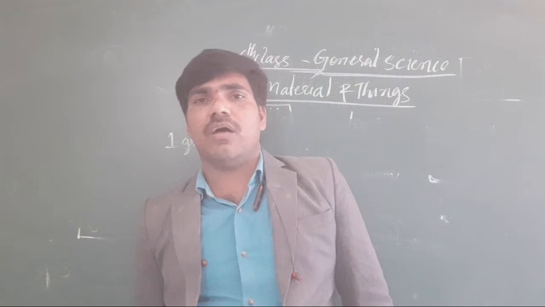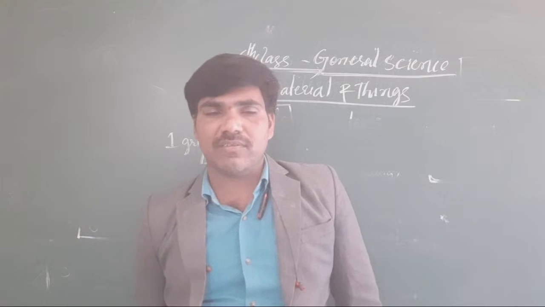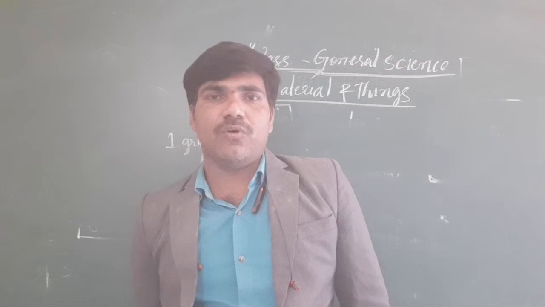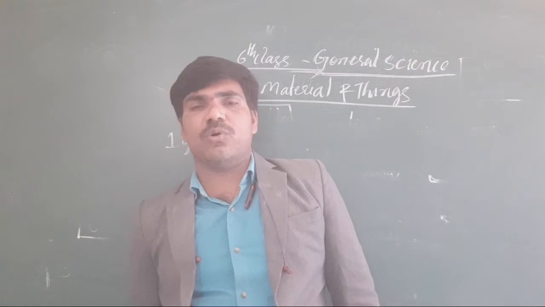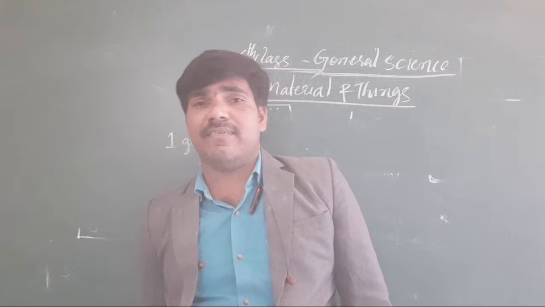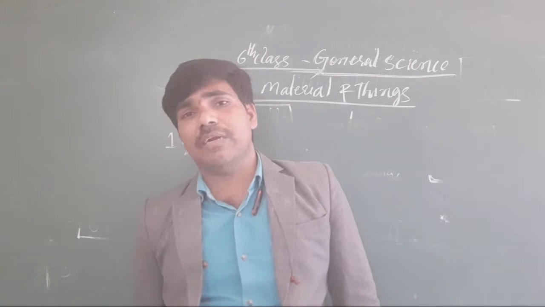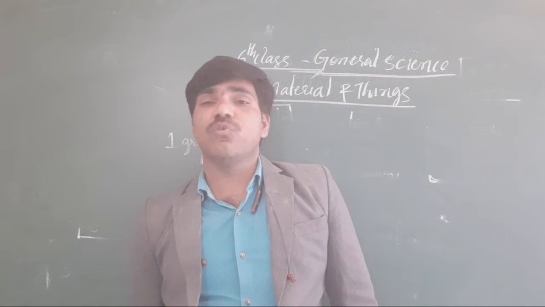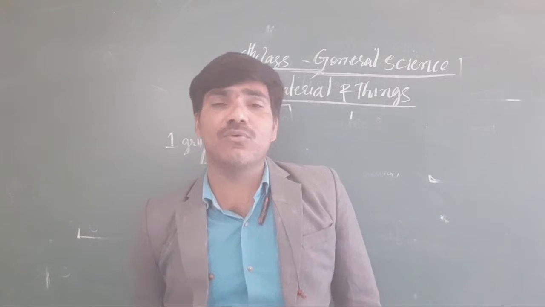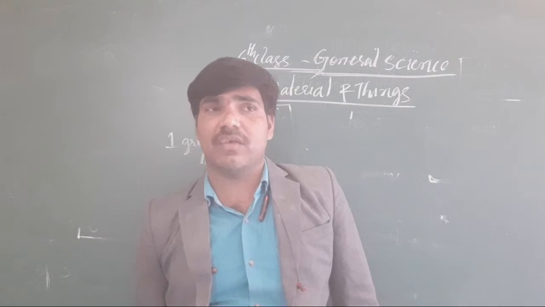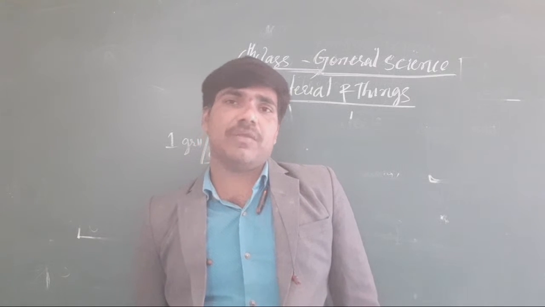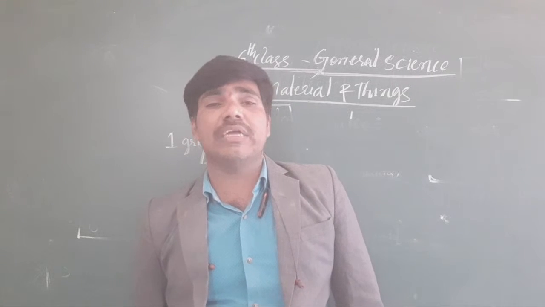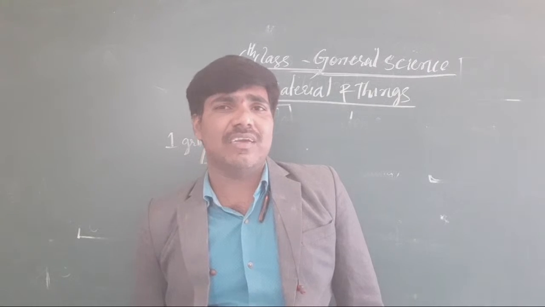Tomorrow we'll go with the discussion of question answers and the keywords and everything. Now I hope you understood the total lesson on materials and things we discussed. What the material actually is, and why materials are used: a single material is used for making different objects, and sometimes one object may be made from different materials. We already discussed that.